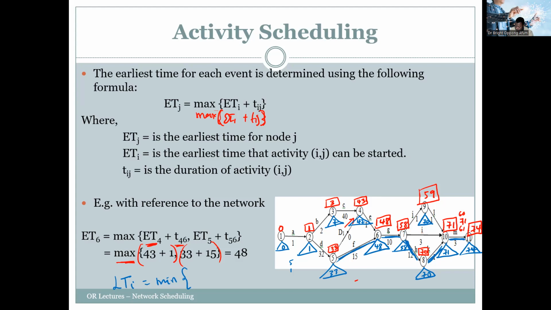So this node to this node is the critical activity. 1, 1 is that, then that. So the critical path is actually node 1, 2, node 5, node 6, node 7, node 8, node 10, and node 11.